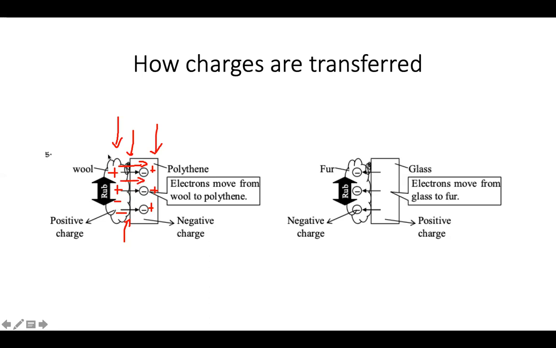Now, because in the cotton wool the number of positive charges and the negative charges were equal, and when these electrons move, at the end of the day we are going to have more positive charges on the cotton wool, and more negative charges on the polythene.